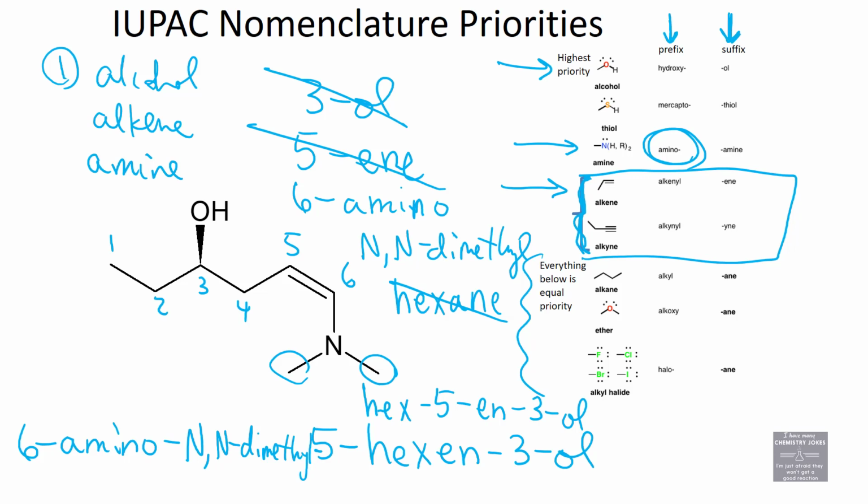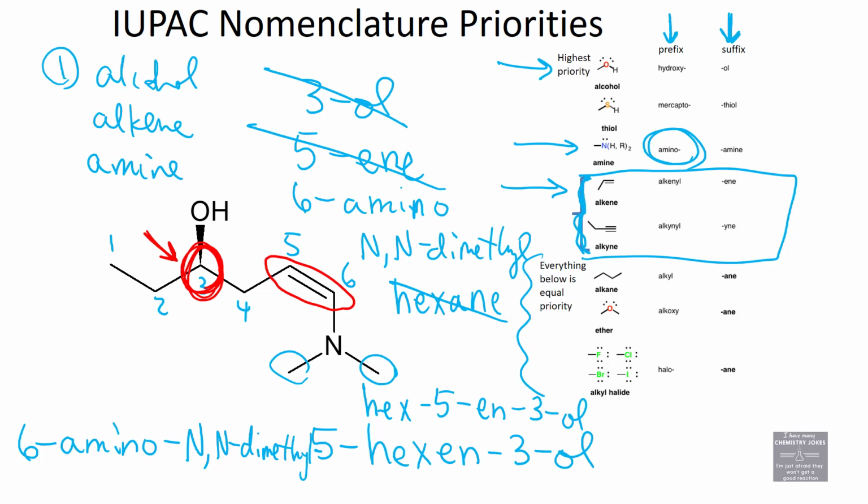Well, what's missing? The absolute configurations. We need to specify this asymmetric carbon, and is it R or is it S? And we need to specify this alkene, and is it E or is it Z? Oh, yeah.